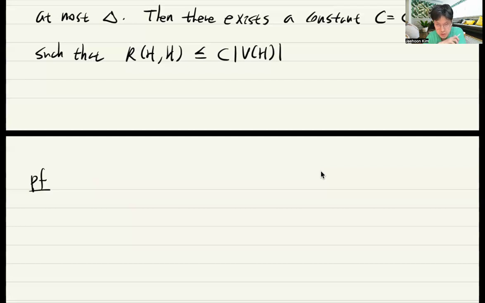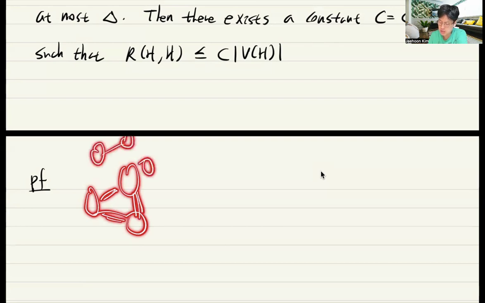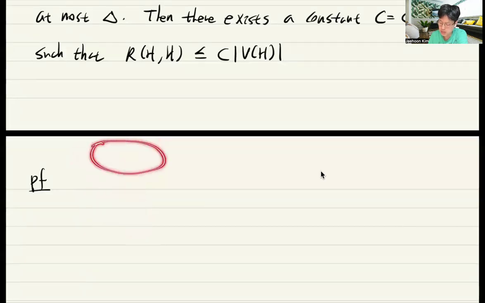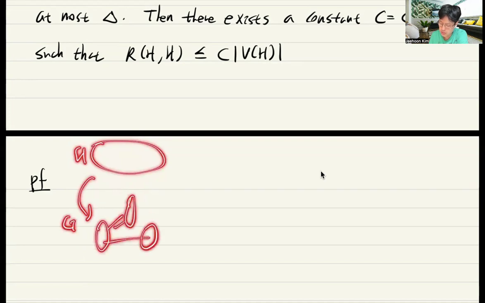Because we have this embedding lemma, where if you have an epsilon regular partition, and the parts here are epsilon regular, then you can pretty much embed, as long as H has a bounded maximum degree, then you can embed this H into G with some flexibility.